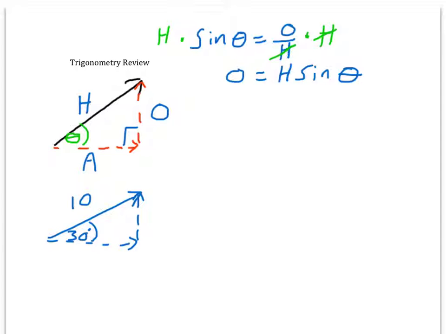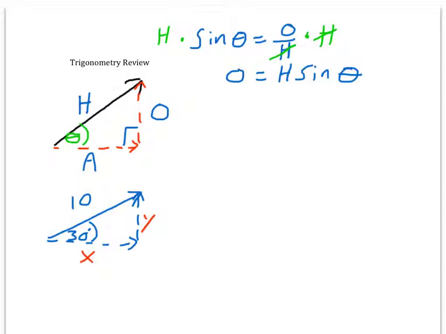What I want to find is the x side and the y side. Again, the x and the y are called component vectors. The hypotenuse is called the resultant.